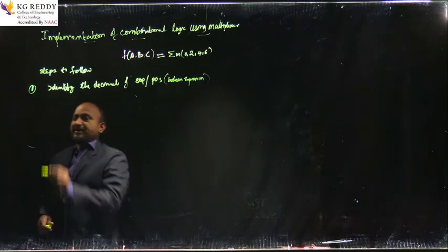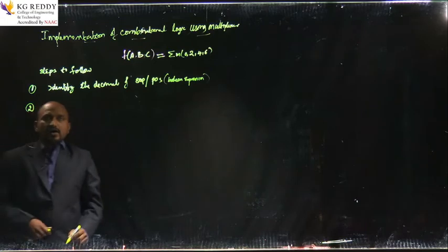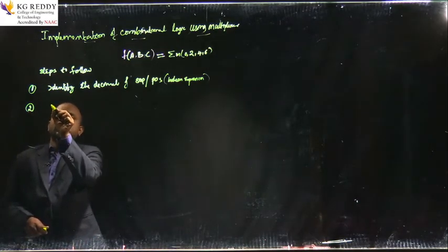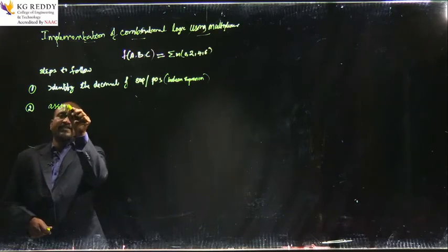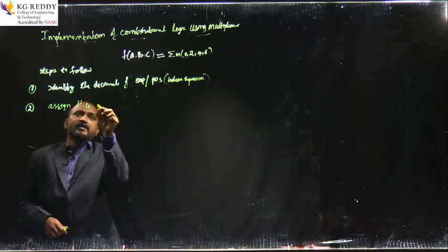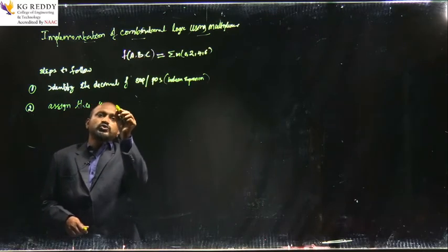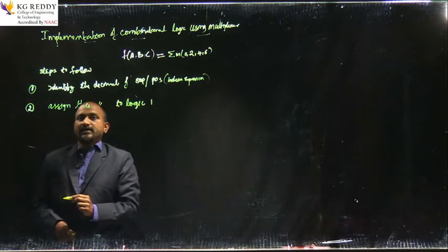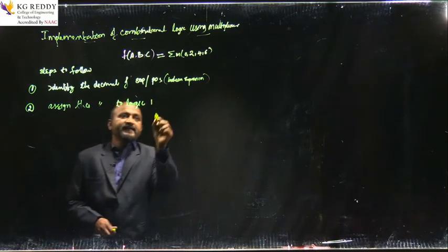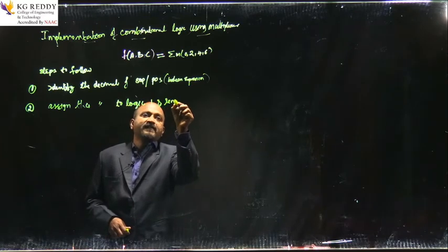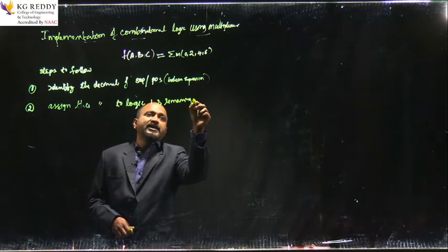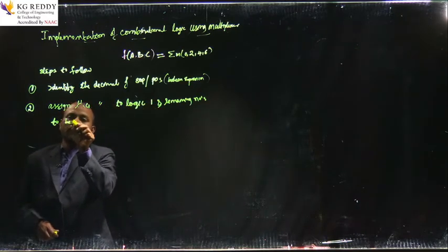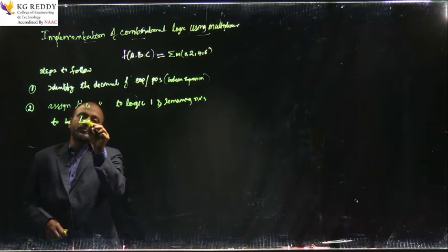The next step is to assign these decimal numbers to logic 1 and the remaining numbers to logic 0.